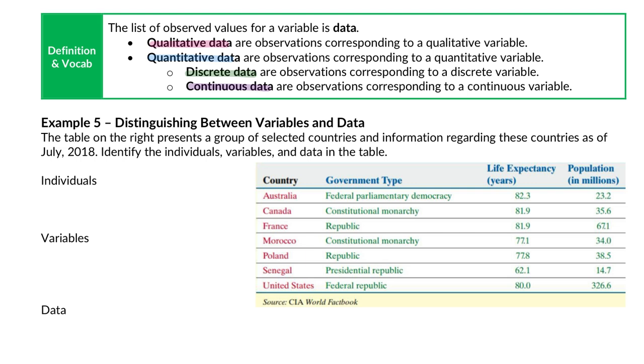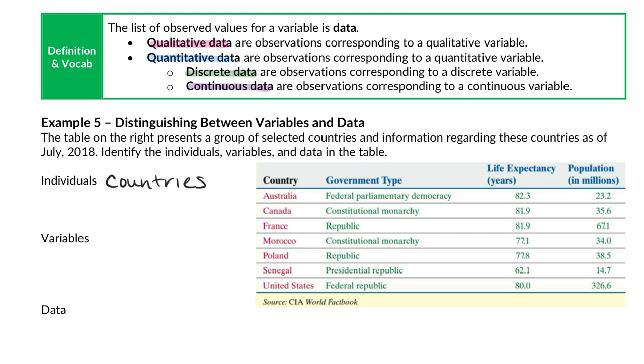The table on the right presents a group of selected countries and information regarding these countries as of July 2018. We're going to identify the variables, individuals, and data in the table. What are the individuals that we're looking at in this study? The countries, exactly.